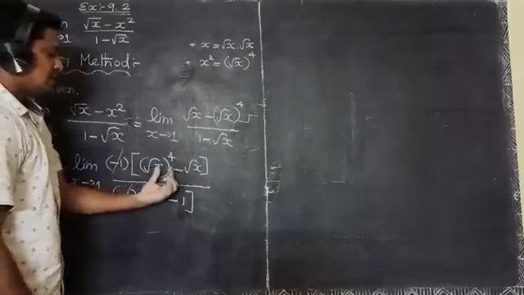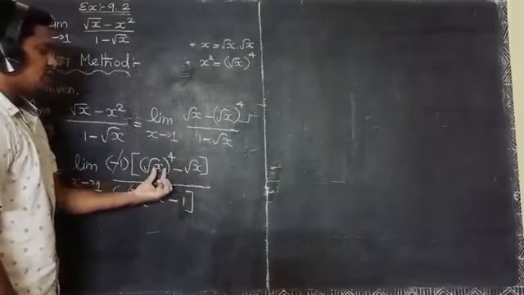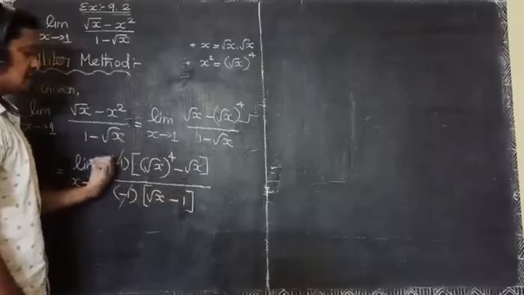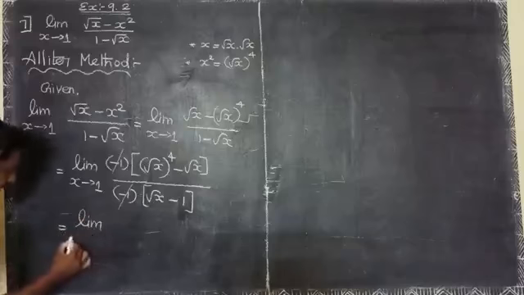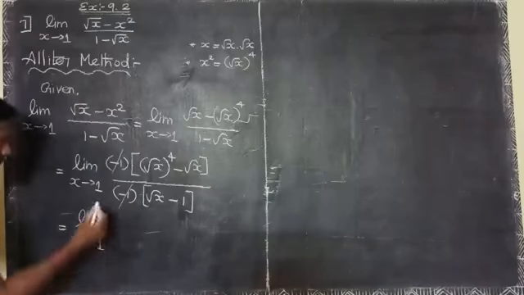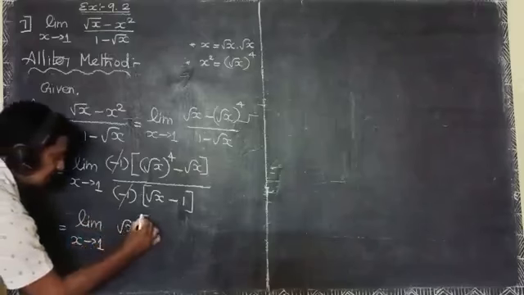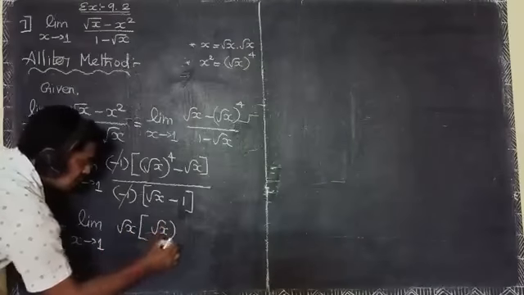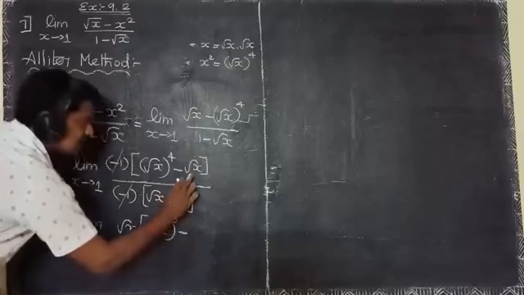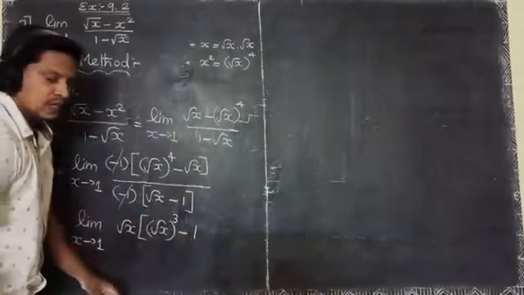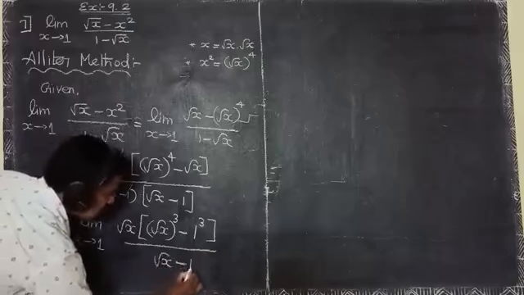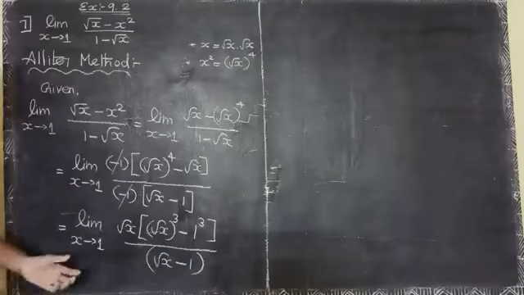In the numerator, two terms have root x, take outside root x, that is limit x approaches 1, root x into (root x whole power 3 minus 1), where 1 can be written as 1 power 3, divided by root x minus 1.